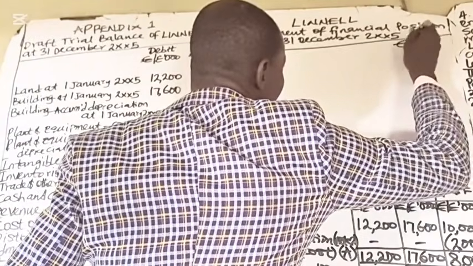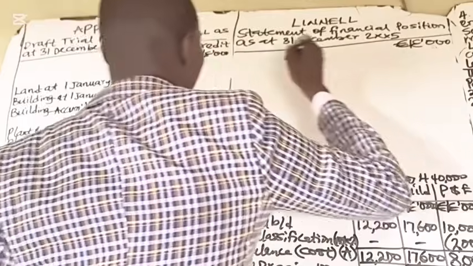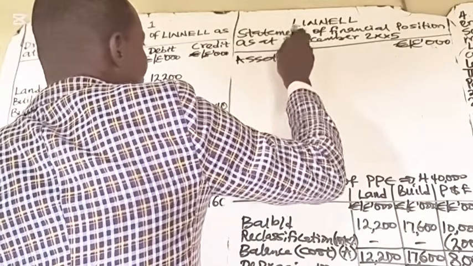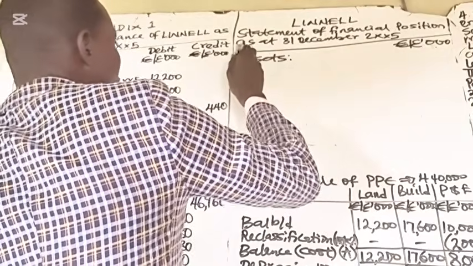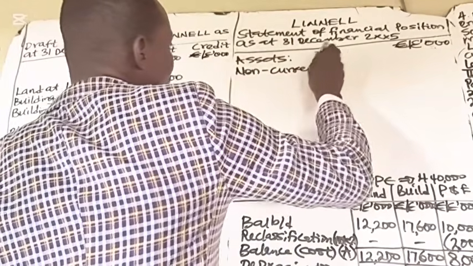Amount is in €1,000. So we have assets. The first class of assets should include the non-current assets.